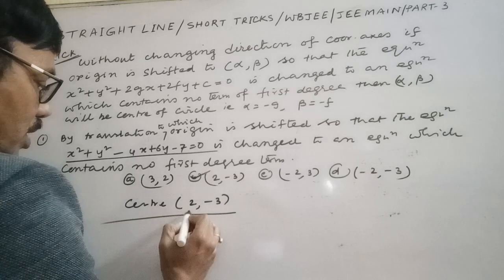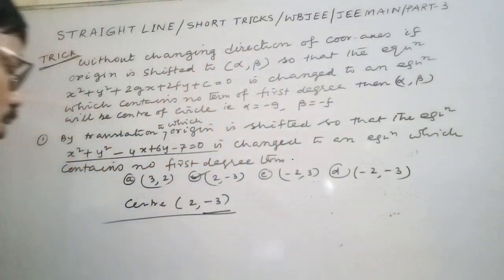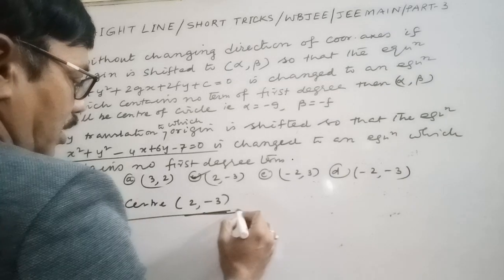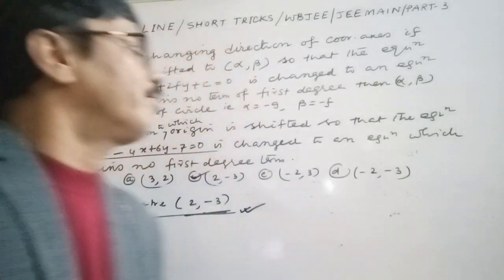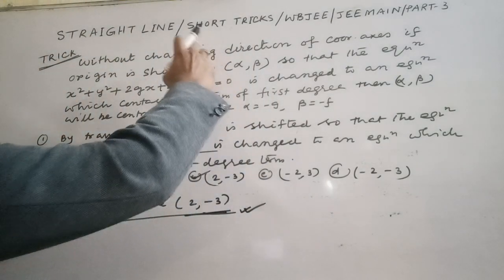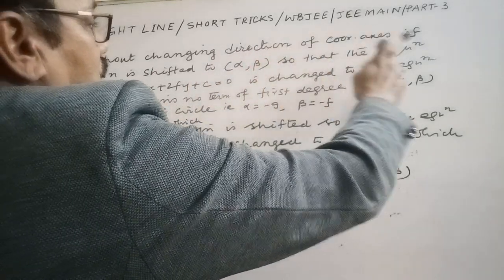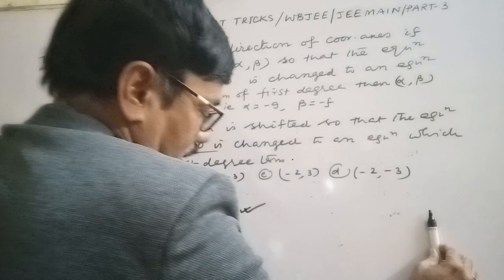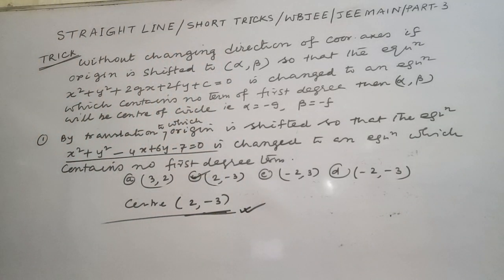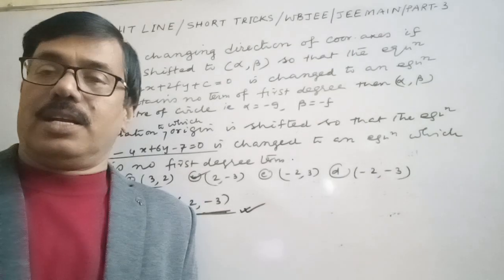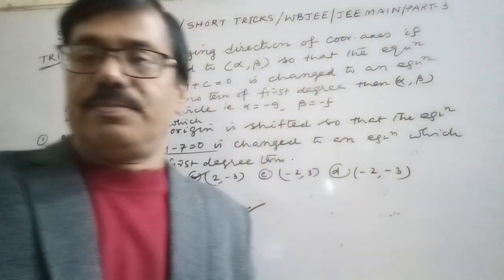So, origin to be shifted at 2 comma minus 3. So, look, if you know the theory, then you can solve it within 5 seconds. So, mind it, only direction does not change. So, this is parallel transformation, translation. So, what will be the answer? Center of the circle. You know how to find the center.